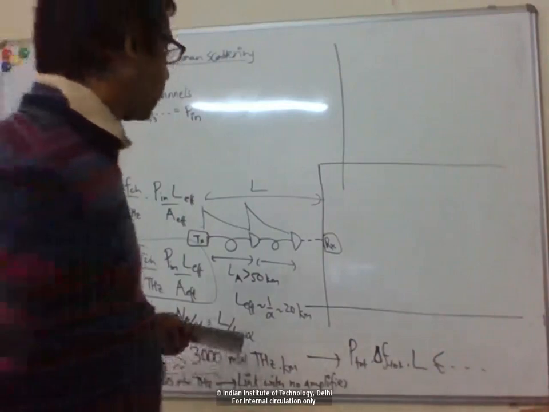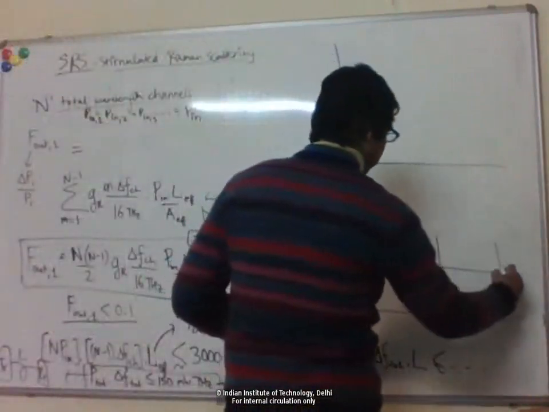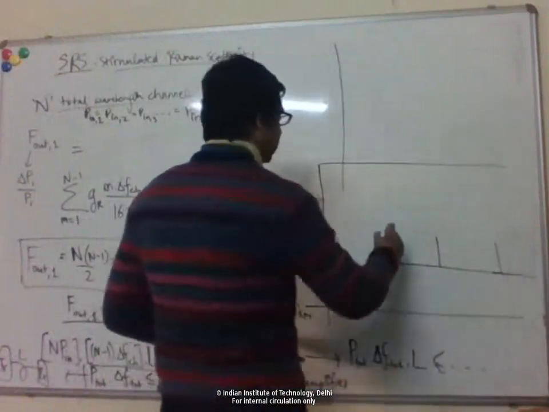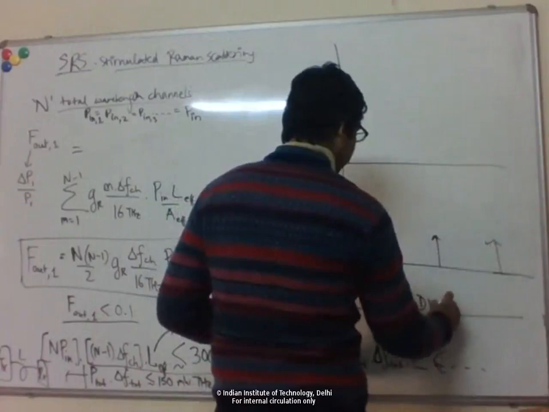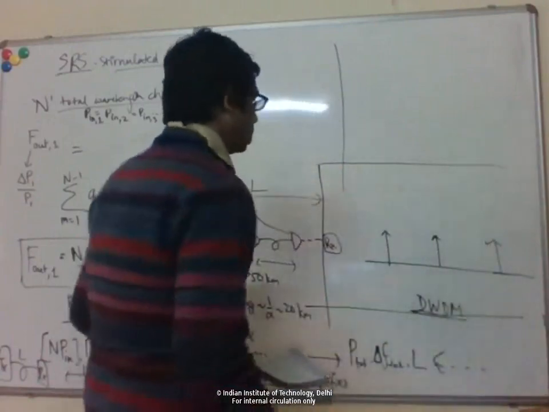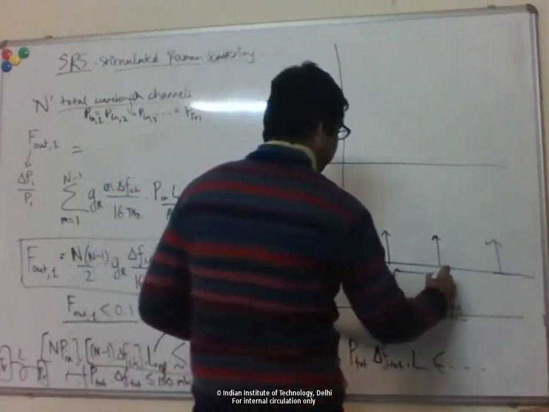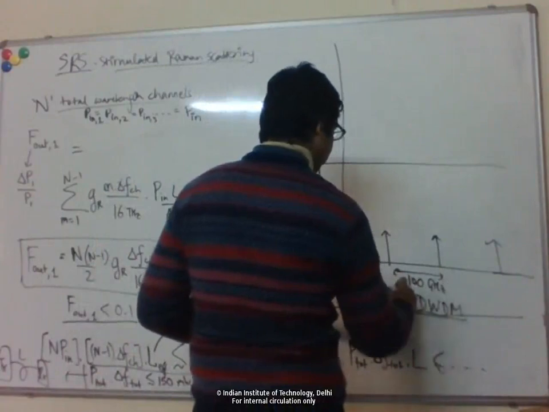We just talked about that, right? Typically, you could have different systems, but in the modern dense wavelength division multiplexing network that is used, the separation between each channel is 100 gigahertz. So that's delta F channel.